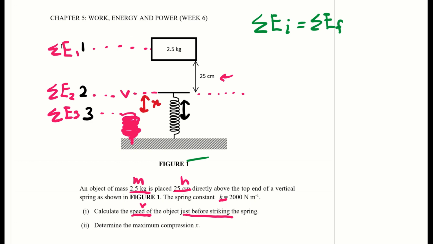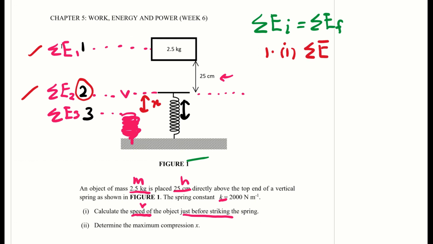The question wants us to find the speed, so the speed at position number 2. So now we are just comparing two positions, position 1 and 2. Now we are solving question number 1.